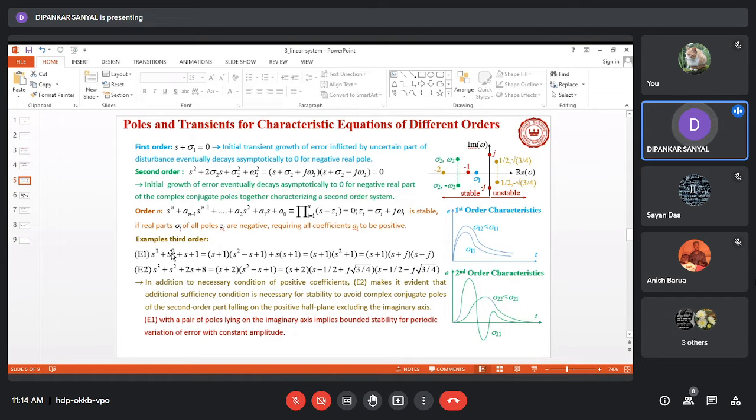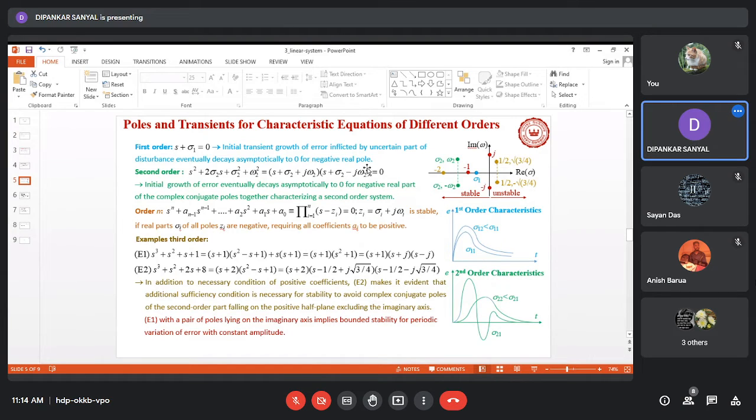So as I was telling, there is scope for a third order equation to get split into one real pole and a pair of complex conjugate poles. If that is the situation, this is the, say, minus 1 location shown here, and corresponding to plus j, minus j, we will have a pair of roots like this.